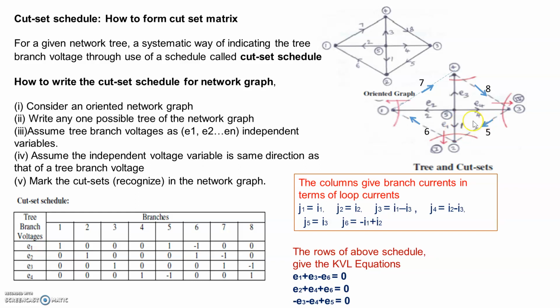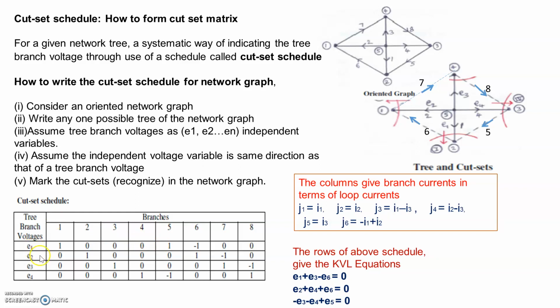If the current matches this direction, the red color entering the node, then it should be taken as plus. Whereas the 6 current is going away from this node. Therefore, under 6 I have written minus. The other branches which are not connected to this node are taken as zeros.